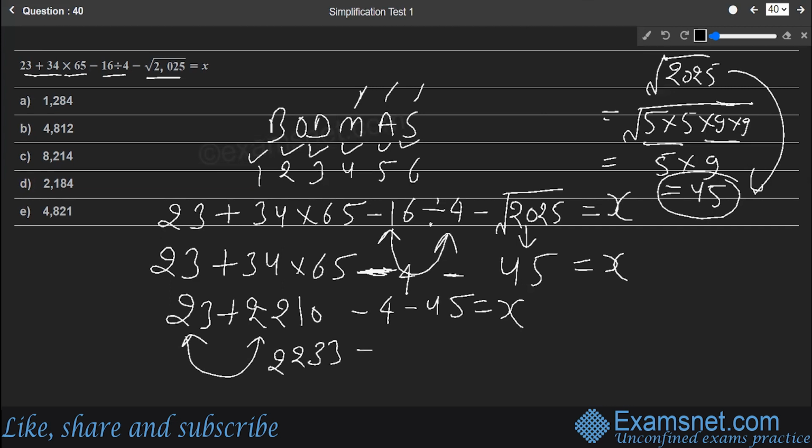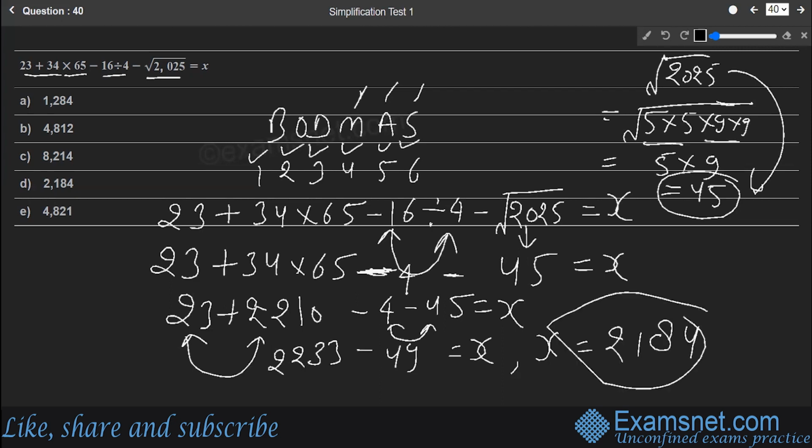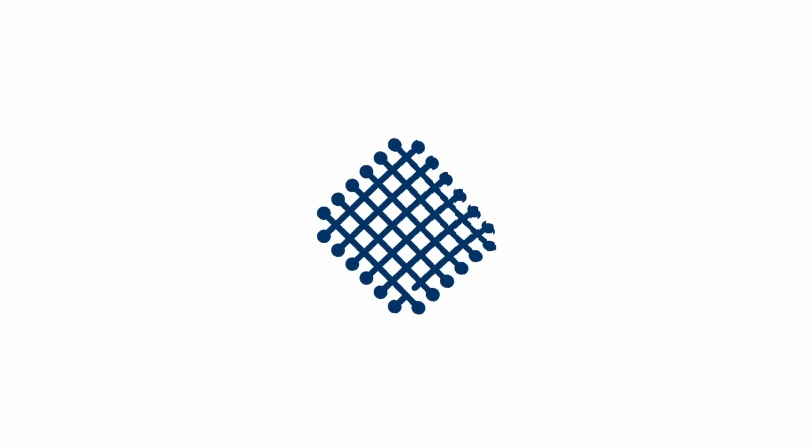Then minus 4 minus 45, so we can add them together. It is going to be minus 49 is equal to x. If we solve this, the x value comes out to be 2184. Let's see where it matches amongst the options. It matches with option number D, 2184. So that becomes the right answer for us.